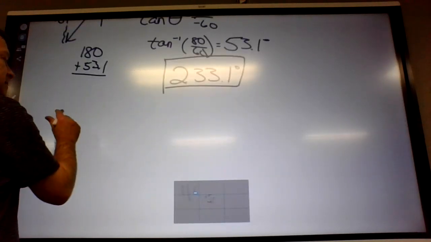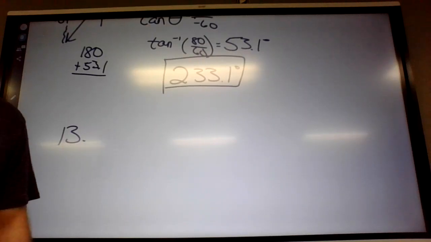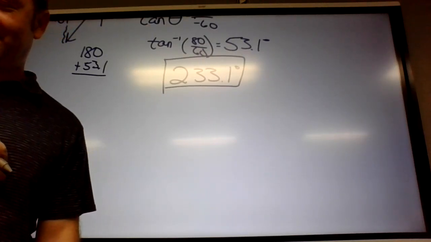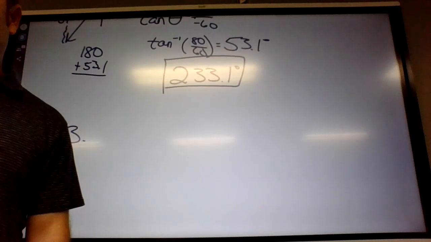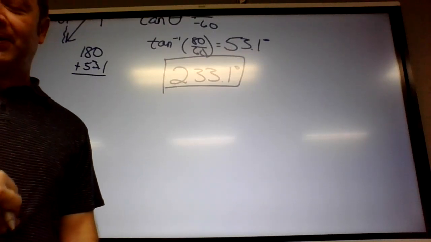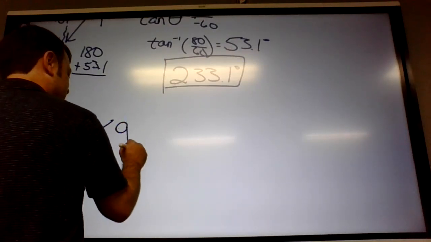Okay. 13. The odds are easier than the evens. That's funny. All right. So 13, we do -3 times vector a, so that'd be 9, 36.